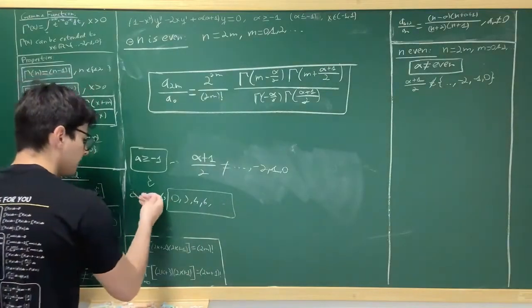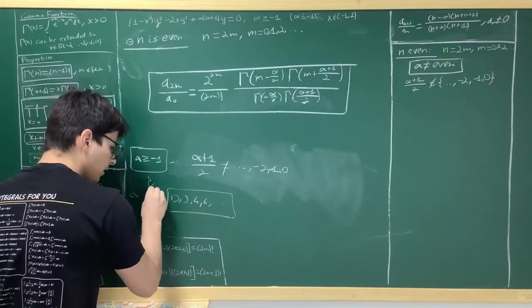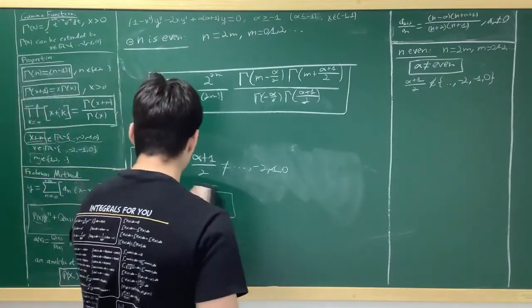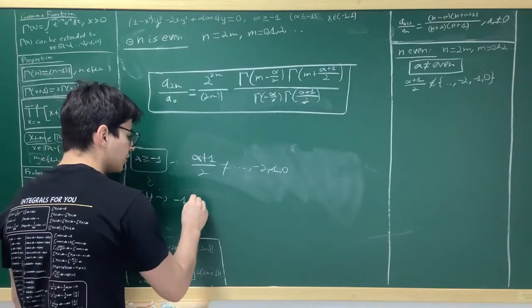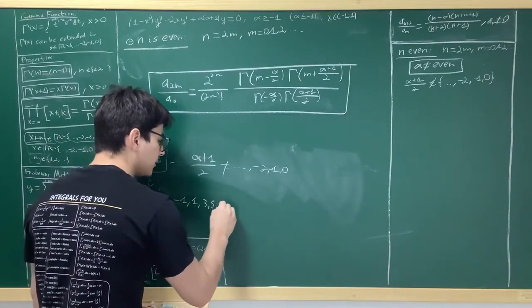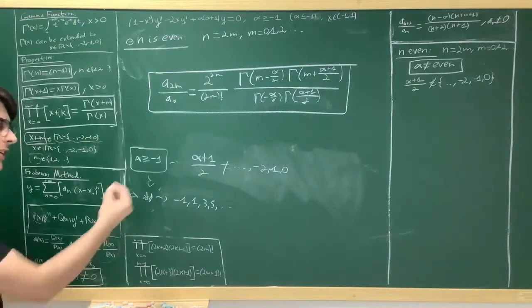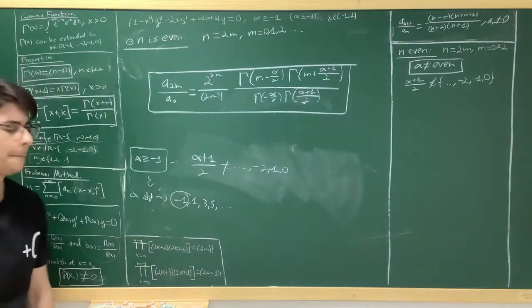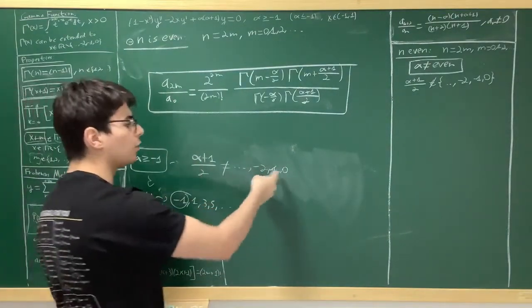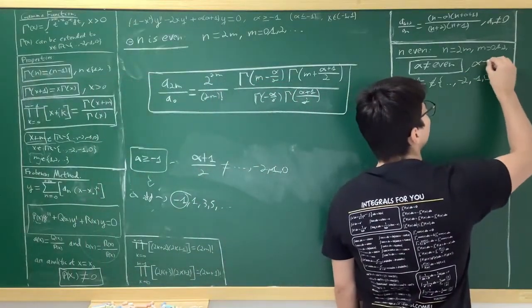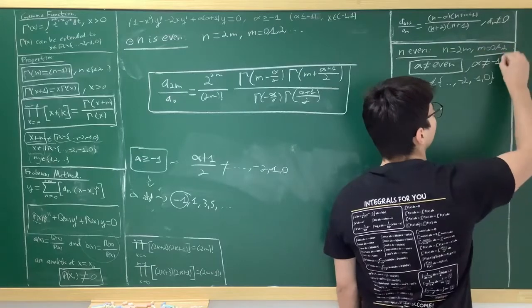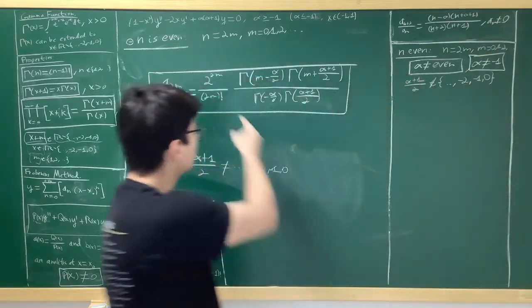So if alpha is odd, these numbers are just -1, 1, 3, 5, and so on. But notice that the only conflict point here is -1, because if alpha is -1, this would be 0, which is not what we want. So alpha is also not -1. These are our restrictions for this to work.